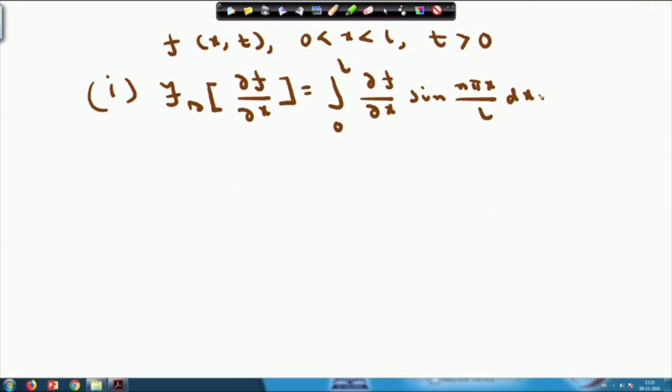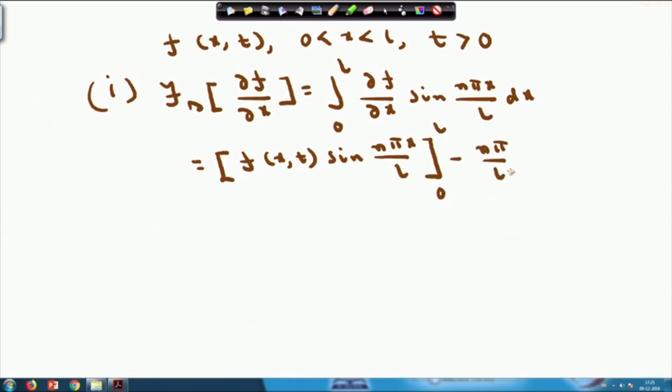So, if you use integration by parts, then the first part will be f of x t into sin n pi x by L, limit from 0 to L, minus n pi by L into the integral from 0 to L of f of x t into cos of n pi x by L into dx.